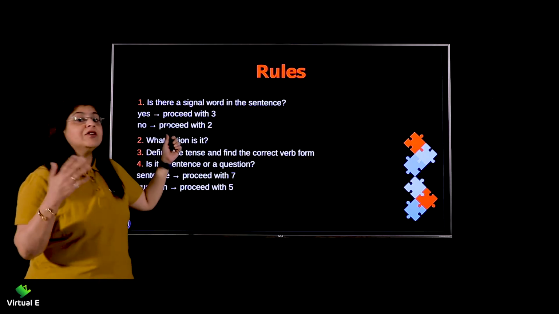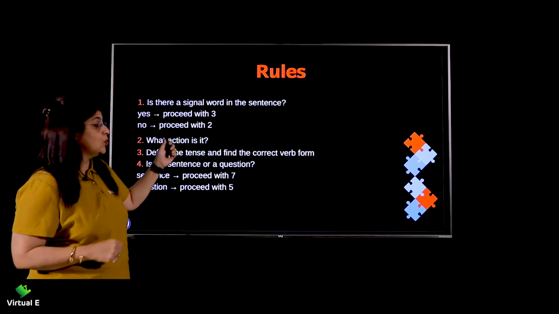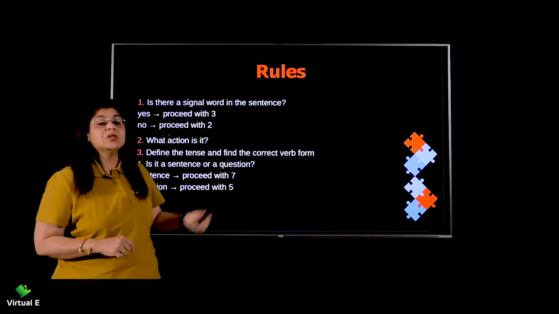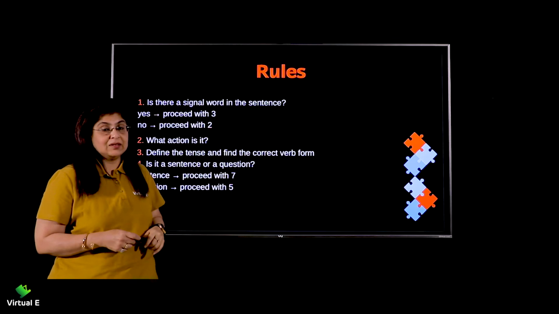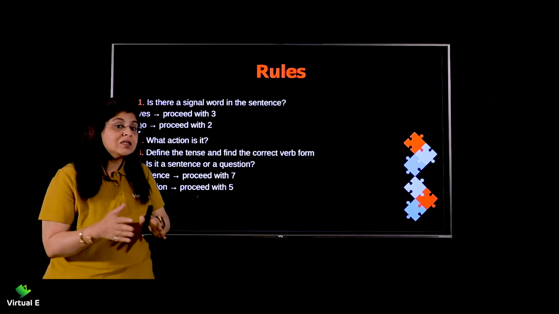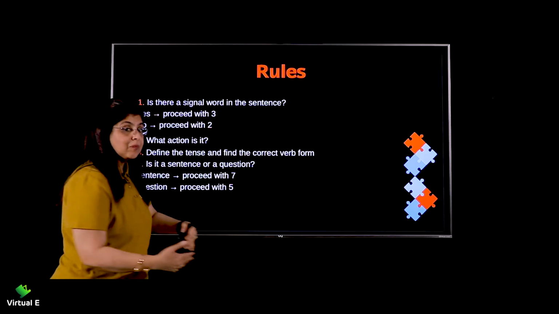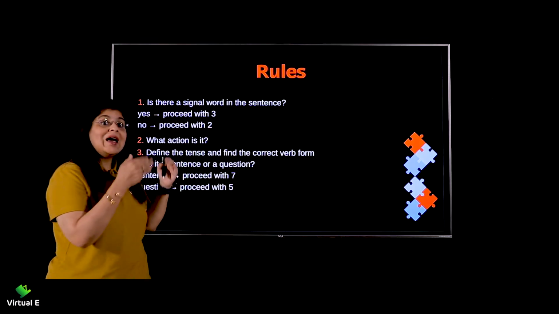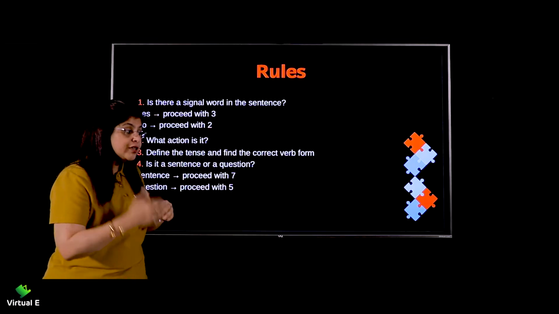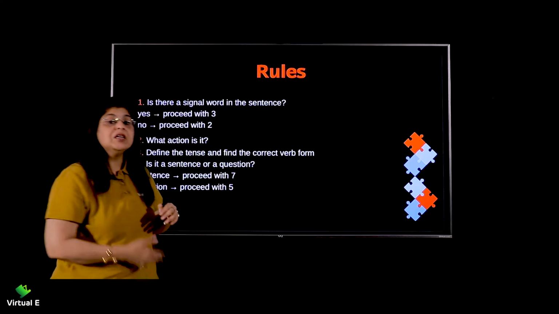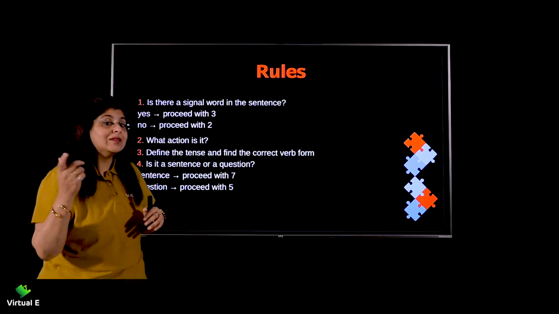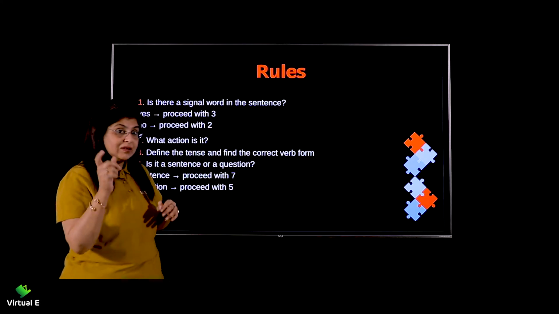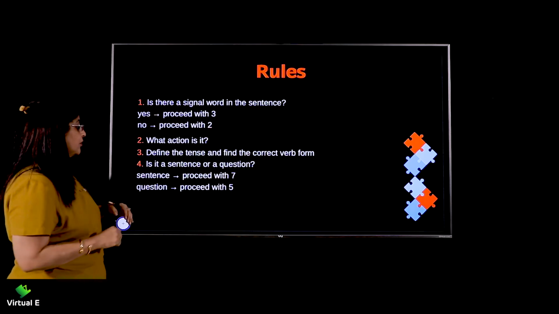If it is no, if there is no signal word, then what are you supposed to do? Then you have to ask what action it is. You have to understand the action: is it happening, did it happen, has it just happened, or is it going to happen? You are going to look at the action and decide the tense, the verb form.